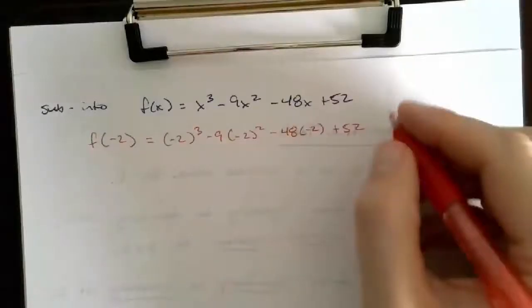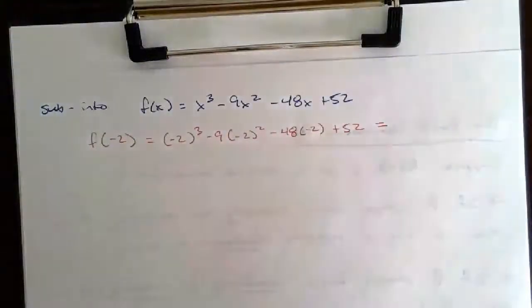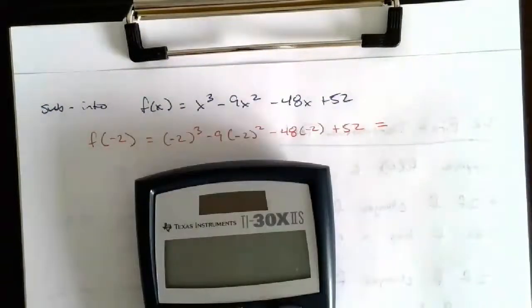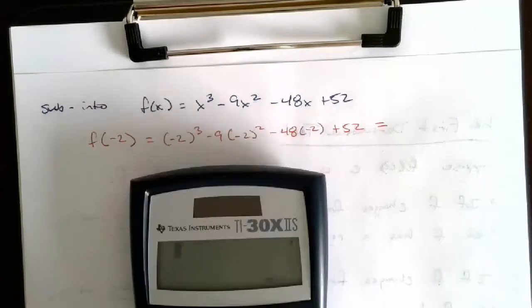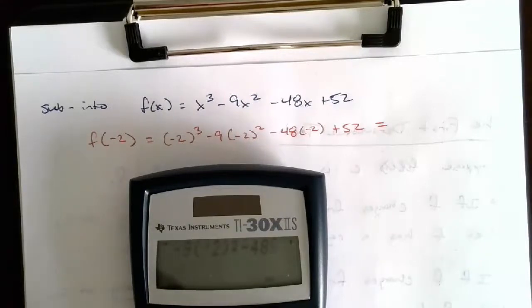When you multiply this out, you can type it all into your calculator if it displays it on the screen. If not, you'd have to do it term by term. Make sure you have parentheses where you need them. So parentheses -2 raised to the third power minus 9 times -2 squared minus 48 times -2 and then plus 52.